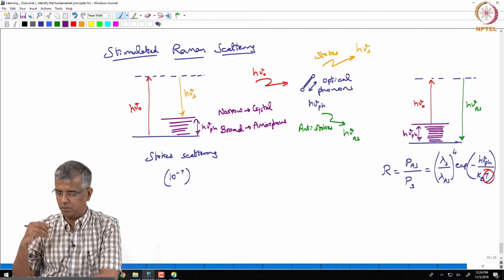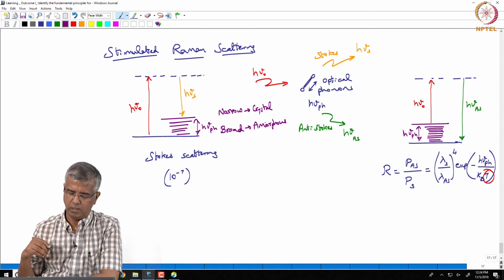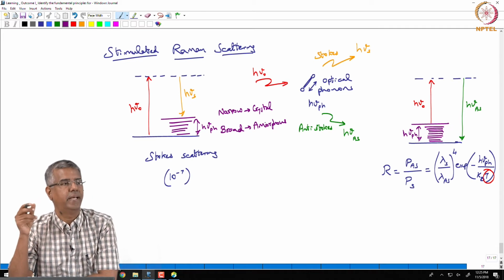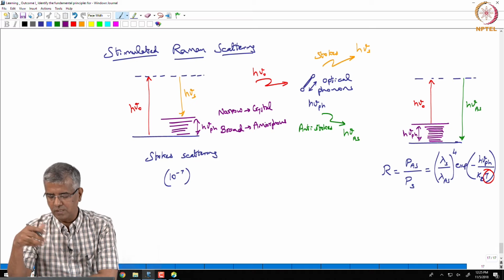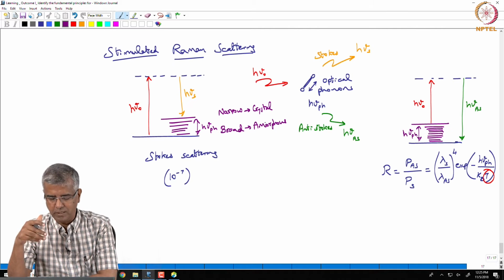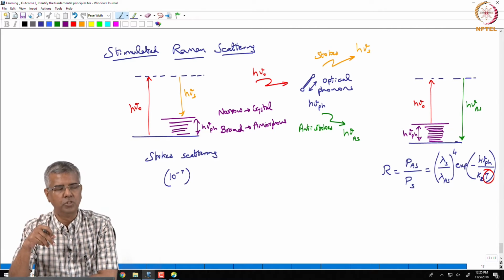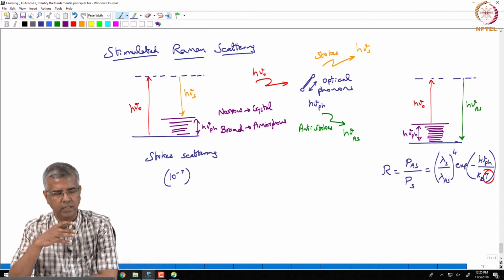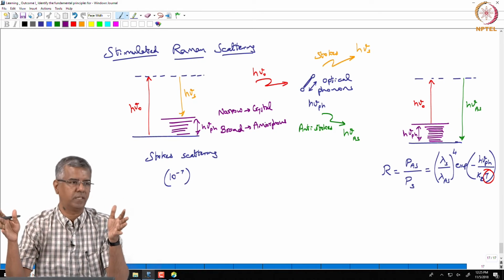So, by observing this Raman scattered radiation, if it is broad, then that h nu s can go into any one of those levels, it can end up in any one of those energy levels. So, that h nu s is a broad spectrum.